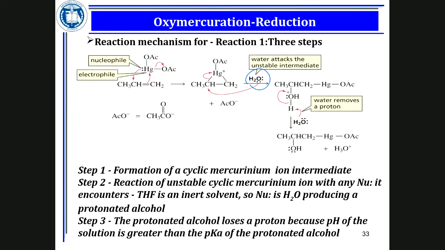Then you get the protonated OH, or protonated alcohol here. You have to remove the H plus because the oxygen cannot handle the plus charge. So you have to remove that H plus. And your product in this step, step 1, is called the oxymercuration product.